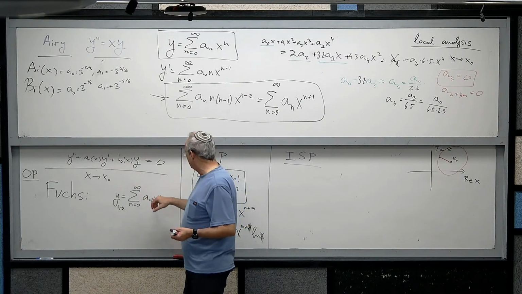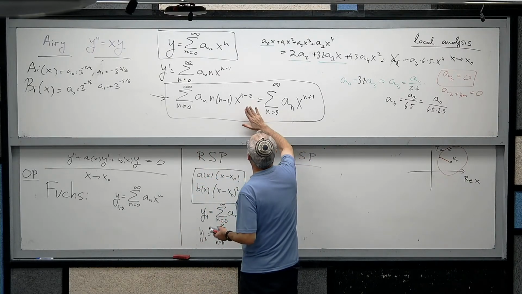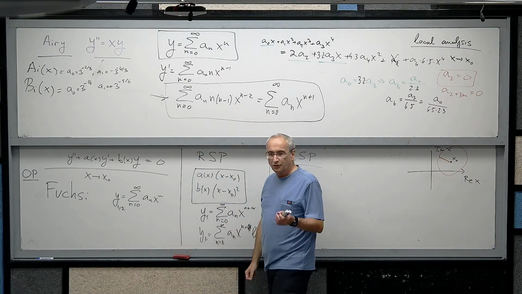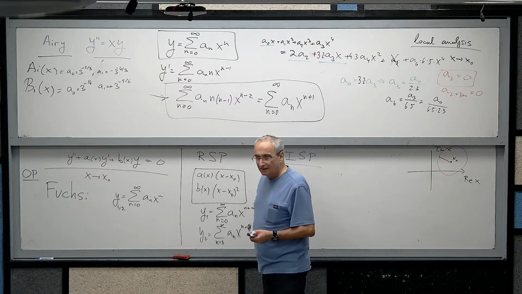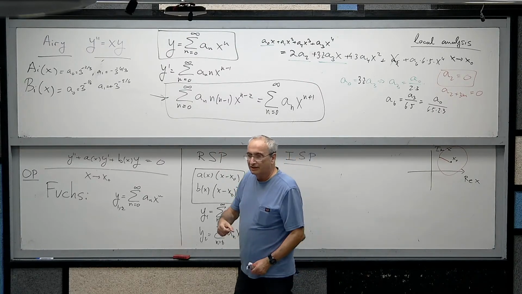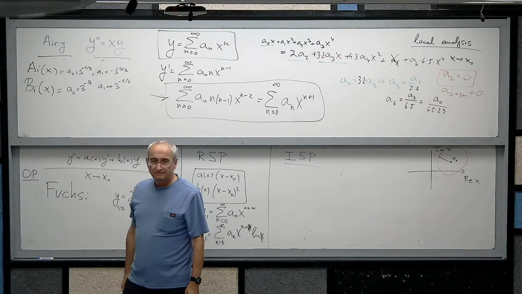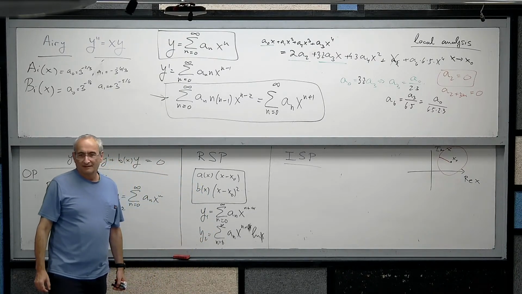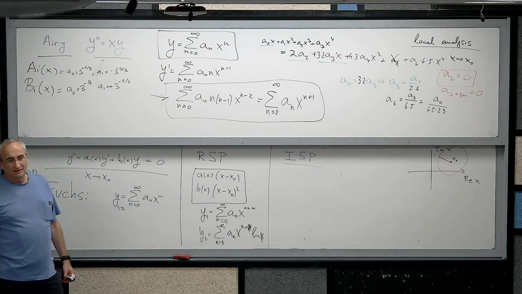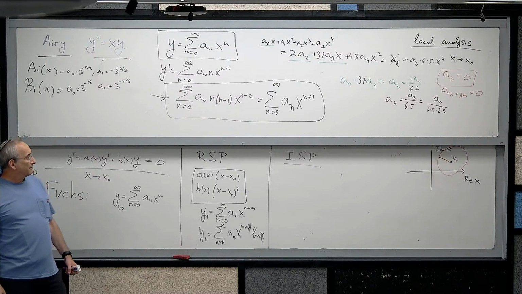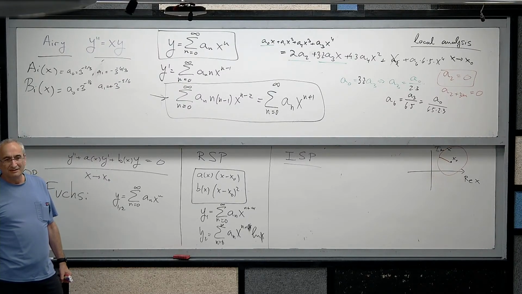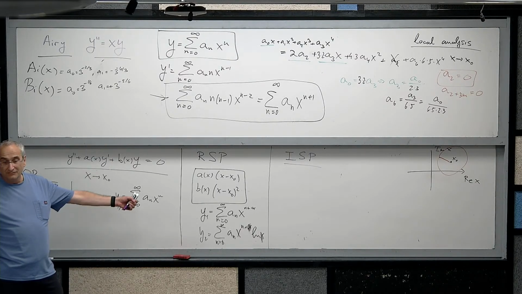So we can always expand it this way. However, there is one point in which this is not true. Where? Which point is the irregular singular point of the Airy function? No other choice. x goes to infinity.